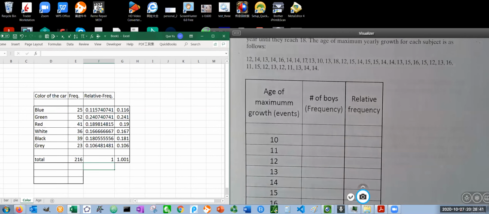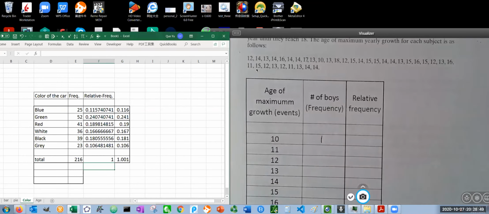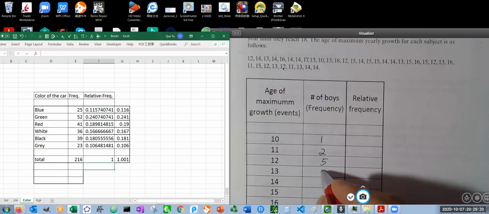The smallest number is 10. How many 10s do they have? Just 1. So this is 1. 11, 1, 2, just 2. Hopefully I didn't count it wrong. 12, 1, 2, 3, 4, 5, so 5 12s. And 13, 1, 2, 3, 4, 5, 6, 7, so 7 13s.